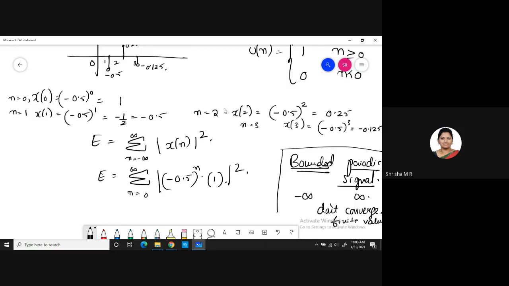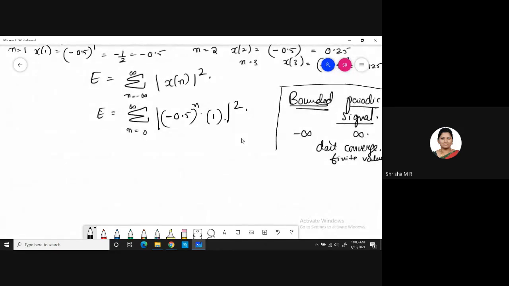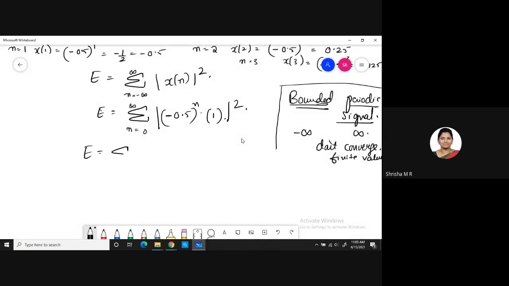If you solve this, what do you get? Try getting it in the form of a geometric progression and solve it. So E is equal to summation n equal to 0 up to infinity of minus 0.5 to the power of 2, to the power of n.